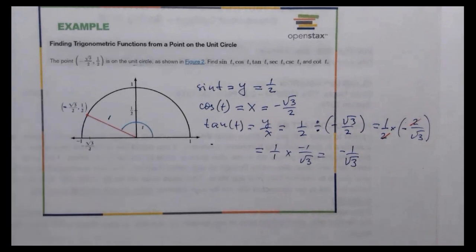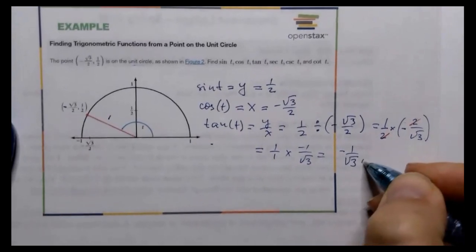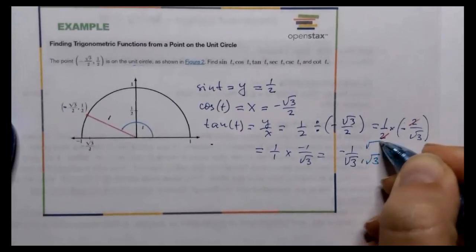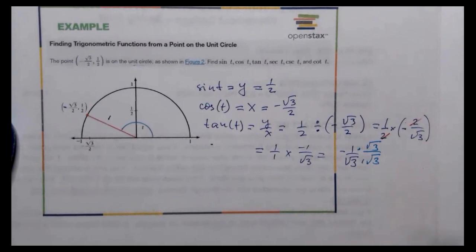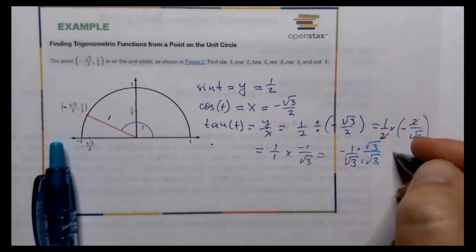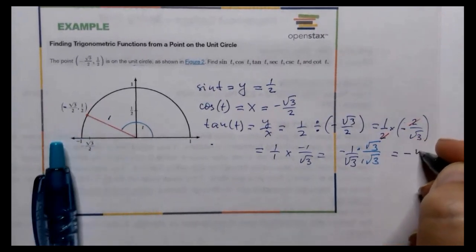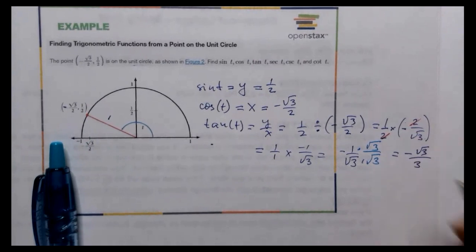But remember that we always need to rationalize our denominators. So we multiply the top and the bottom by the root of 3, and our final answer is negative root of 3 over 3. So that's for tangent.